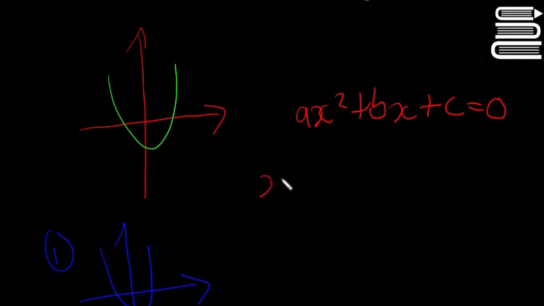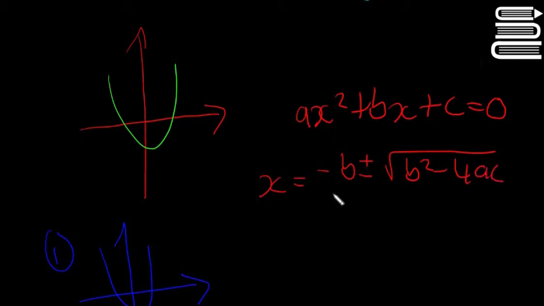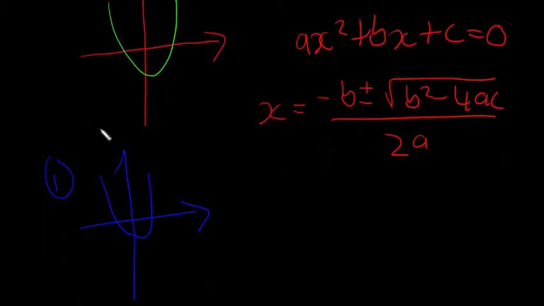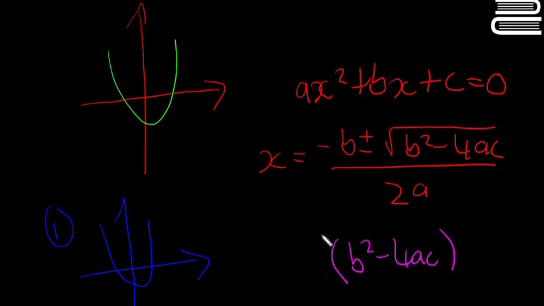If we look at the quadratic formula, x is equal to minus b plus or minus the square root of b squared minus 4ac, all divided by 2a, okay? This little bit here, b squared minus 4ac, is called the determinant, so I'll write that down.